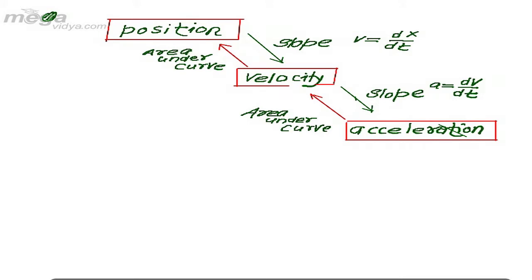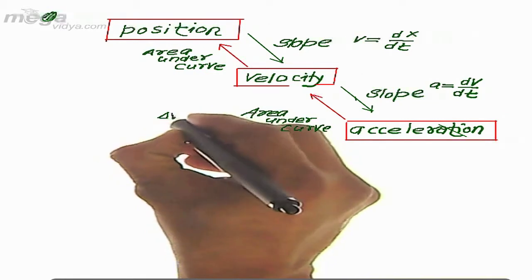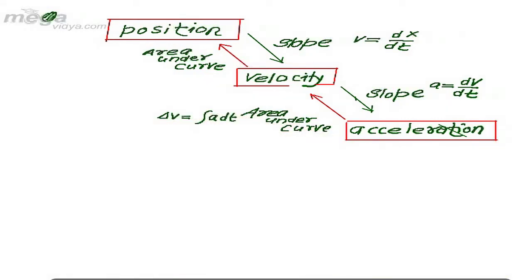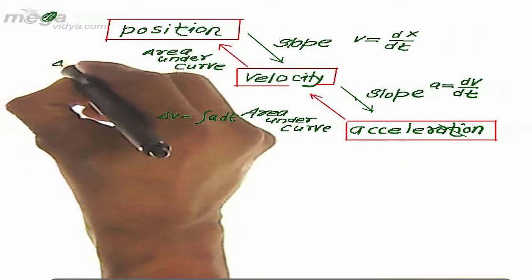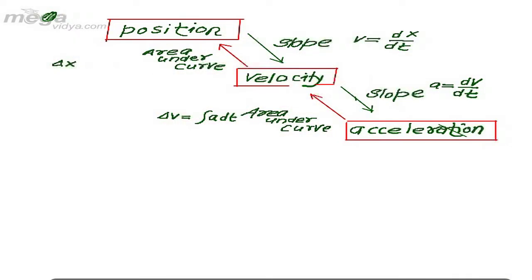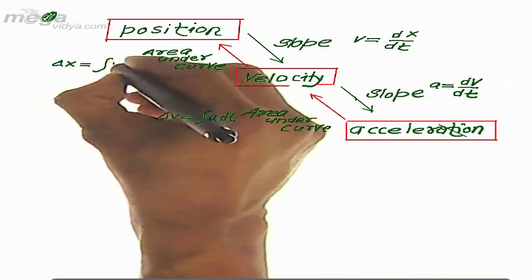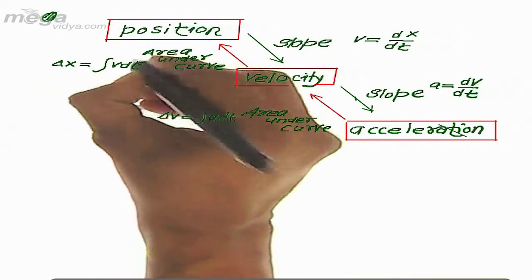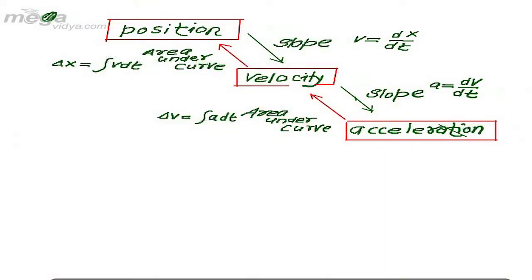Similarly, change in velocity is the integration of a dt, which means the area bounded by the acceleration time curve, and change in position, you can say displacement, can be obtained by integration of v dt, means the area under the velocity time curve gives us displacement.